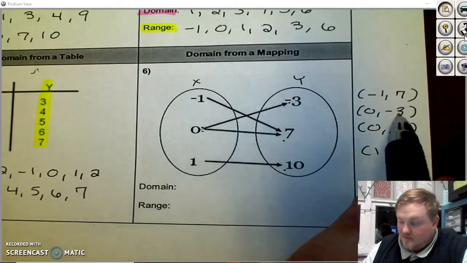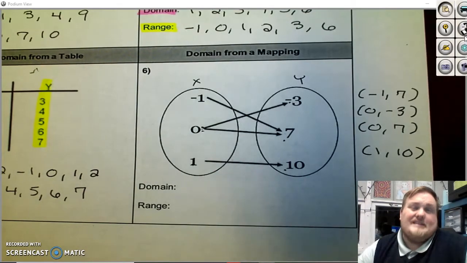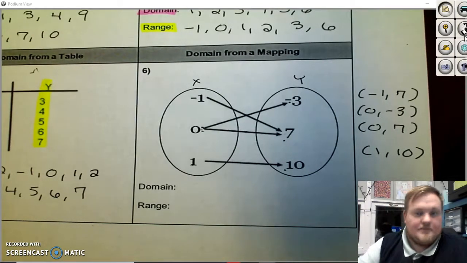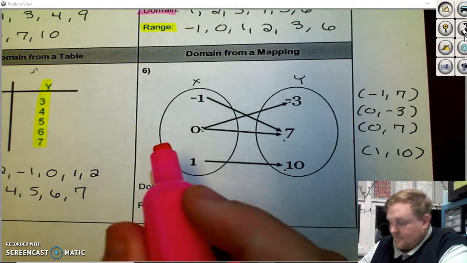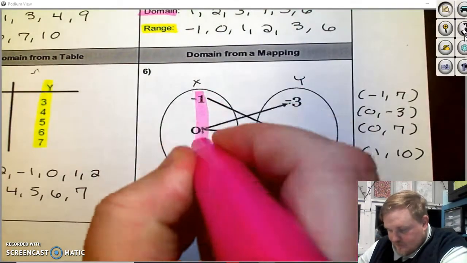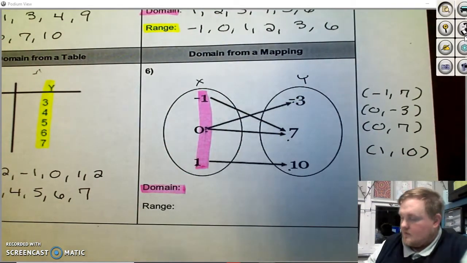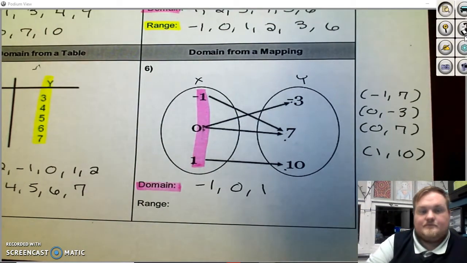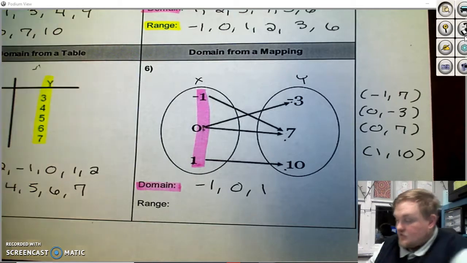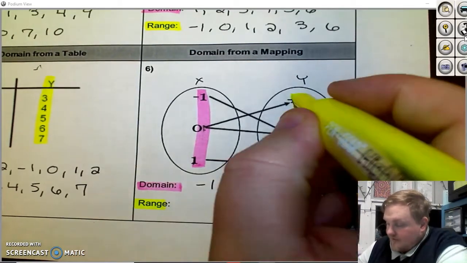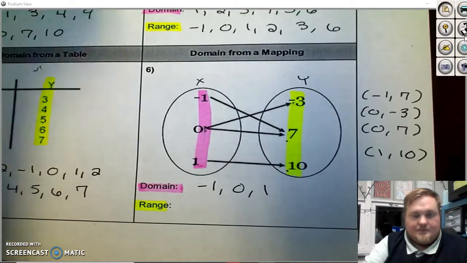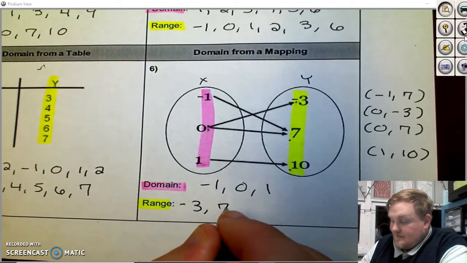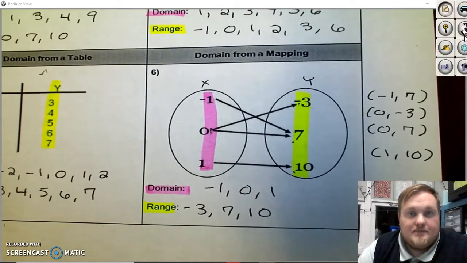It has a negative 3 and it has a 7. That doesn't matter yet, but when we get to functions, that's going to matter a great deal. So again, the domain is anything in that first column: negative 1, 0, and 1. And the range will be all things in the second column: negative 3, 7, and 10, okay?